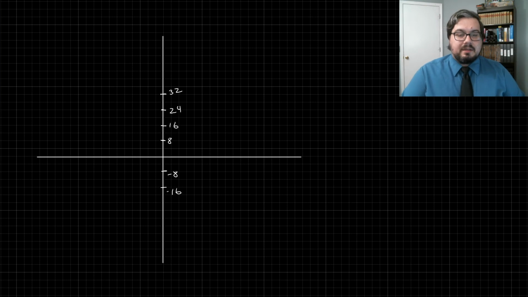And then we'll just use standard, 1, 2, 3, 4, 5, 6. 6 is the point that we really care about the most. Okay, so we have our grid here. Let's sketch in what we have. We know that we've got a vertical asymptote at x equals 6. So we'll graph that.